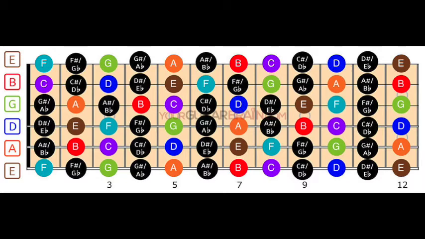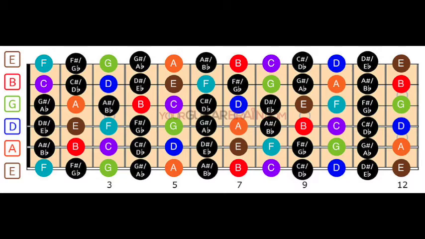So using the harmonized major scale that we learned with the chords within a key, you remember the 1 or root chord was a C major chord. The second and third degree chords were D minor and E minor. The fourth and fifth degree chords of a major key are always major, so we had F major and G major.